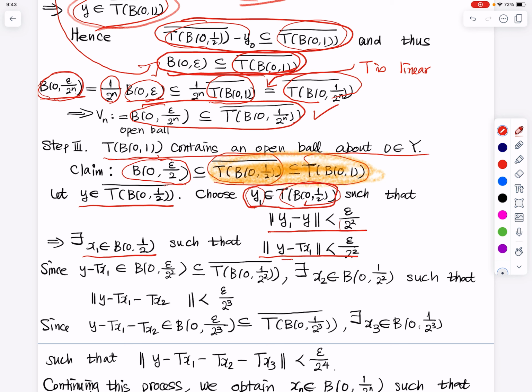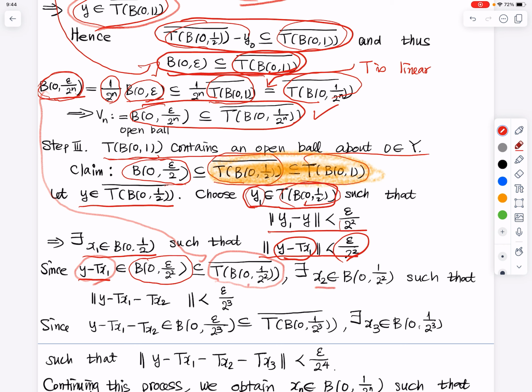Then y minus T x1 belongs to B(0, epsilon over 2 squared). Using step 2, this guy belongs to this set.